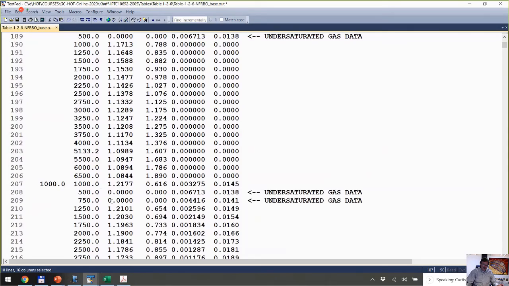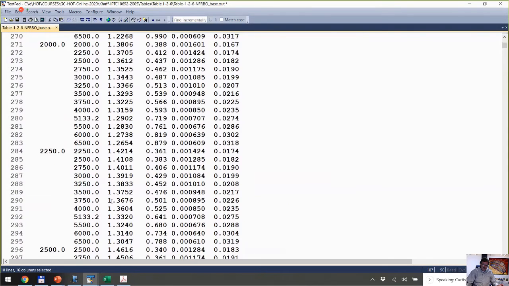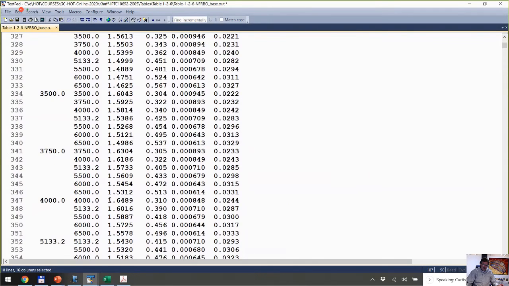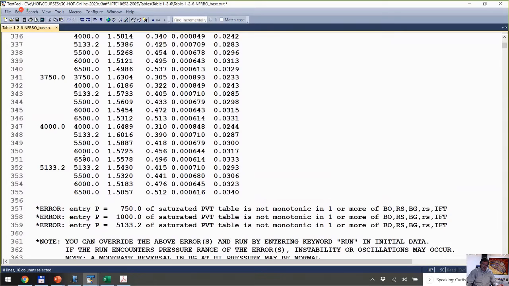But if we go up to the initial gas and oil here at the dew point, the initial dew point. So basically here we've got the initial saturated gas. This is the incipient oil, BO, and viscosity. This is the initial gas, saturated gas, BG, and viscosity.